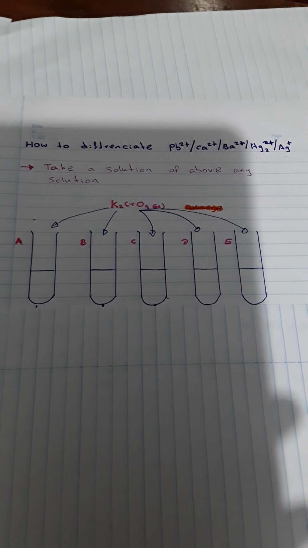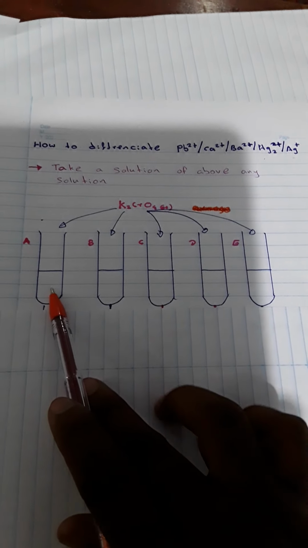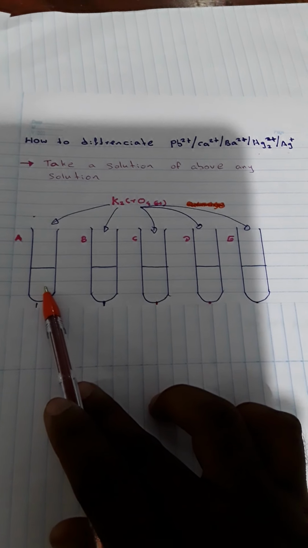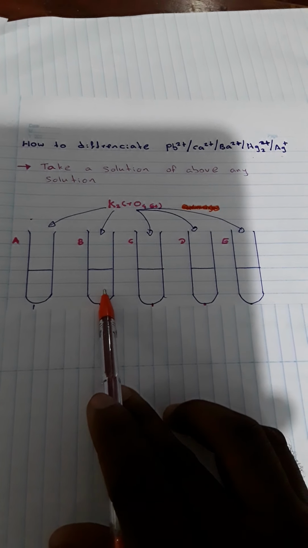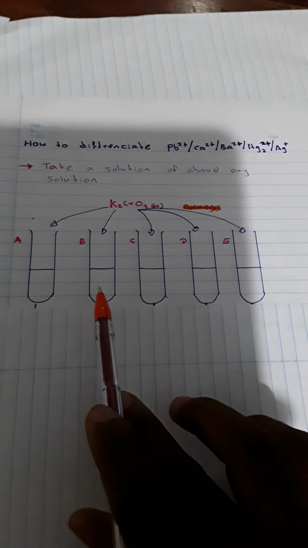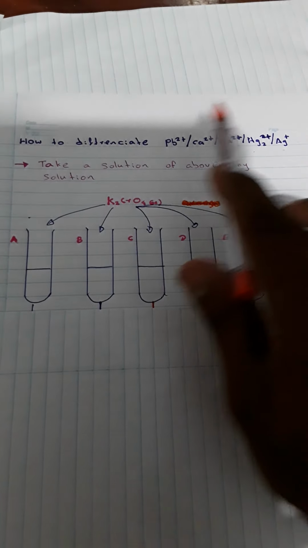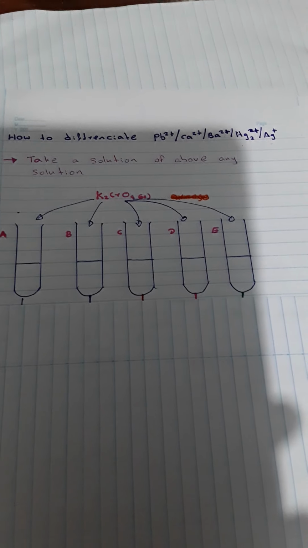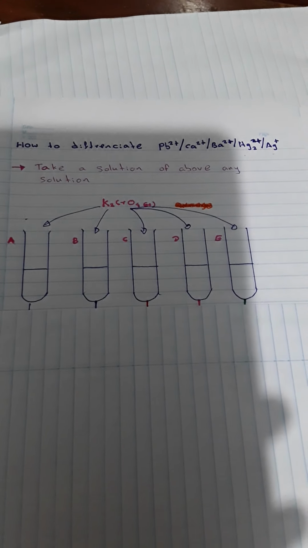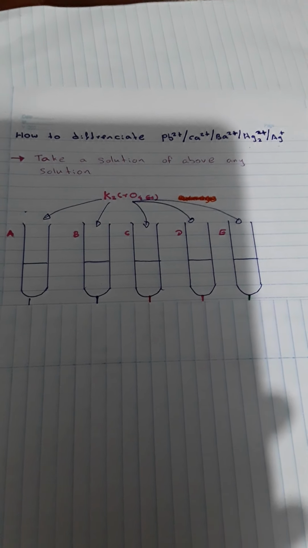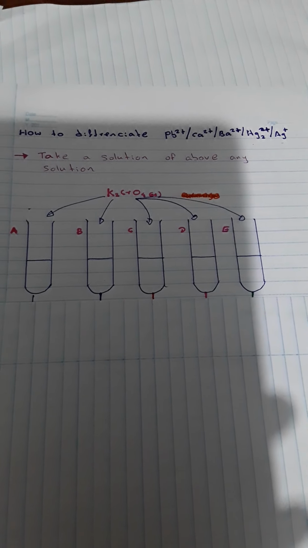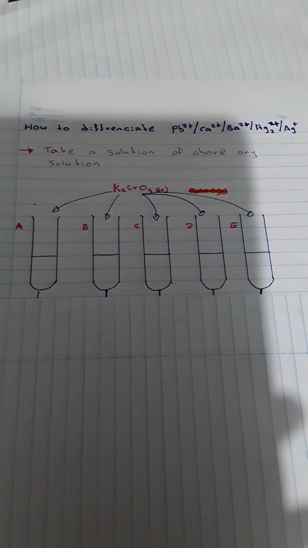The question is, I don't know what cation is present in A. I don't know what cation is present in B, C, D and E. So how can I differentiate each of these cations from these separate test tubes, because the solution present in each test tube is unknown? So how can I identify the cations present?